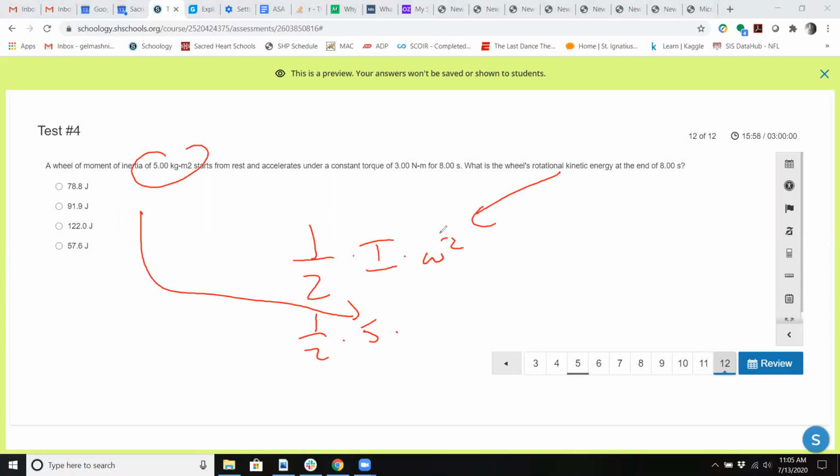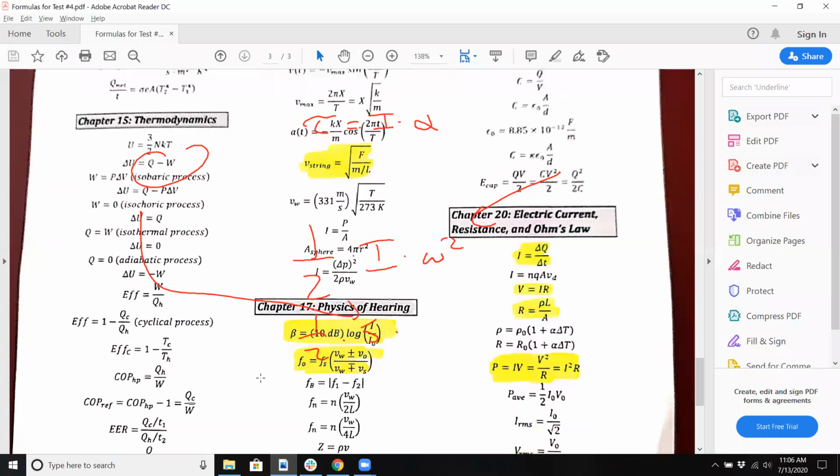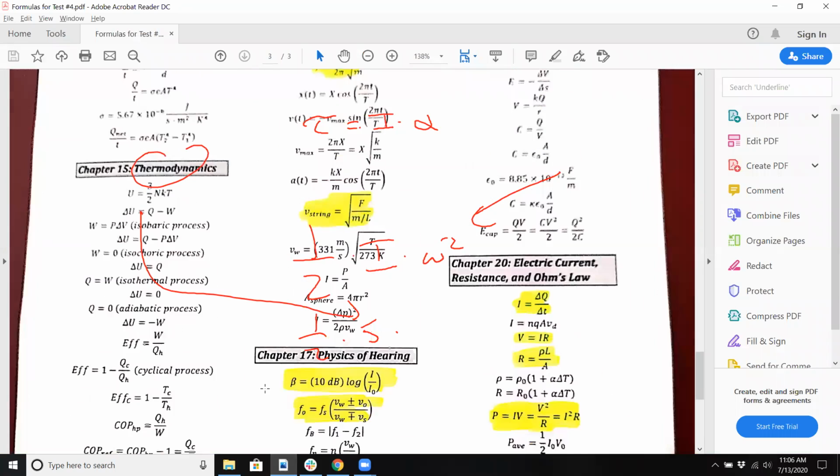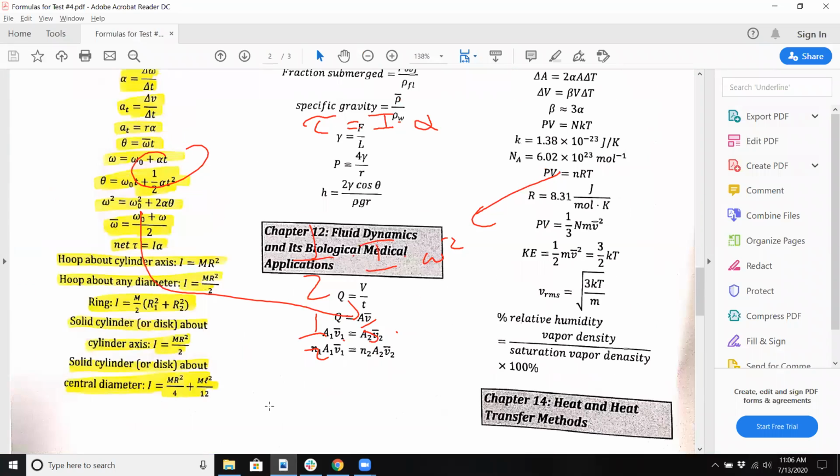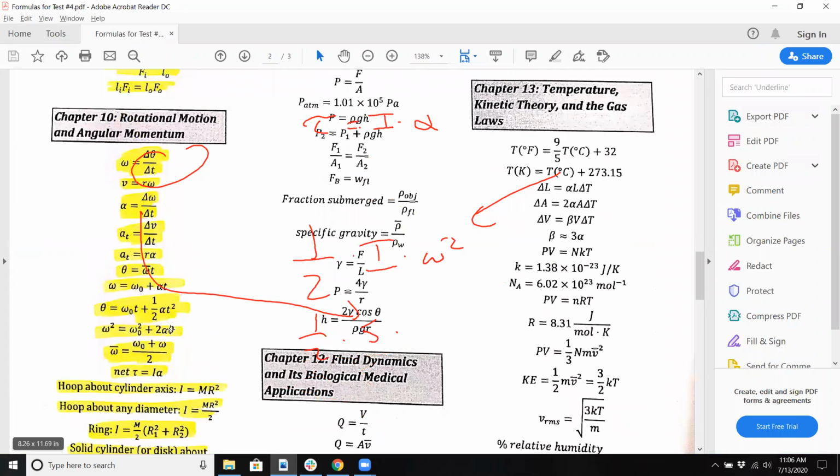But now to get omega, what you're going to have to do, now remember torque does equal I times alpha. That's another formula we have. So again, your formula sheet's your best friend. Yeah, torque's I times alpha right there.